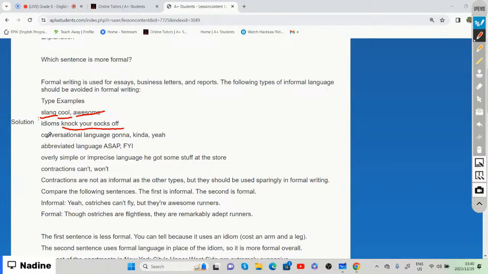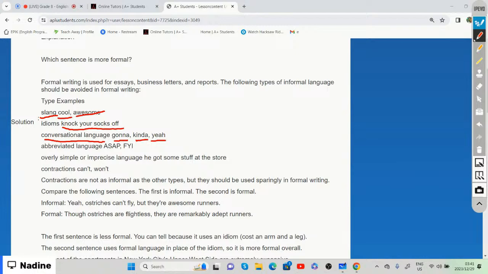You need to avoid conversational language like gonna. I'm gonna tell you. I'm gonna see you tomorrow. I kinda like the idea. These are examples. Yeah, you can come to my house next week. You need to avoid this kind of conversational language because remember, this is conversational language that we use in a more informal way when we are talking to our friend.